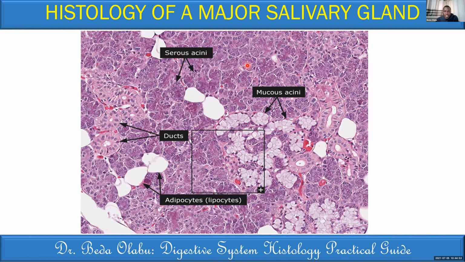So this is an acinus. The plural is acini. There are two types of acini in a major salivary gland. There are those acini which do not take the stain, as we can see in this one. Those are called mucus acini.